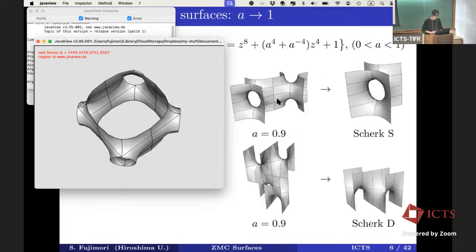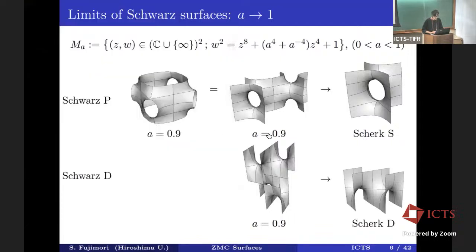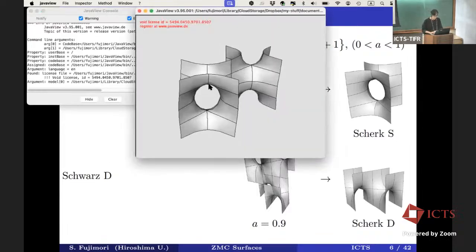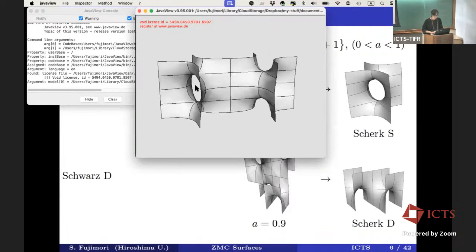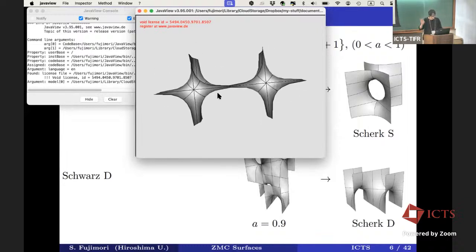And this part is this part, and this part translated to here, then we have this. So this surface is the same as this surface. And when A gets to 1, these two parts get far away.